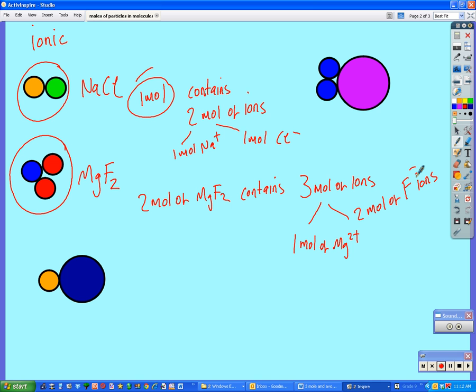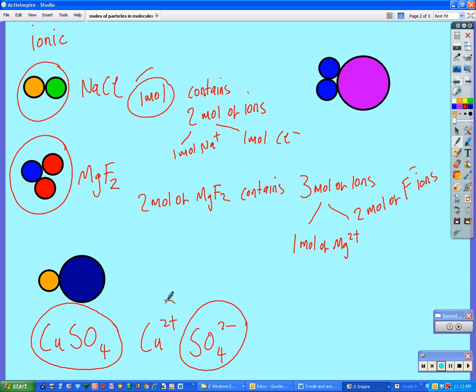Now, what about if we had something weird like copper sulfate? Now, we need to remember that copper sulfate contains the ions copper 2 plus and SO4 2 minus. SO4 2 minus is one ion.